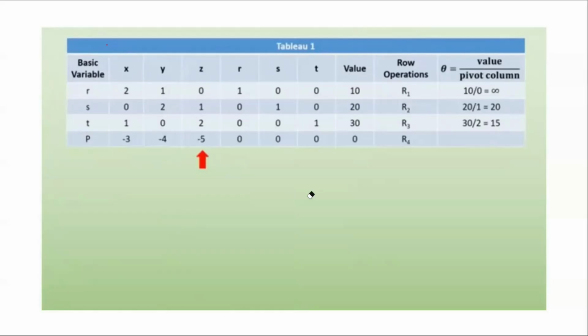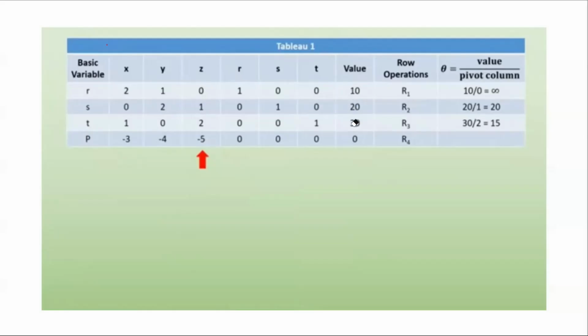You see the zero. The Z column, sorry, the Z column. Good. So what we do now, we take each value here, 10, 20, 30, and divide by the 0, the 1, the 2, or the -5. You divide by these three numbers.